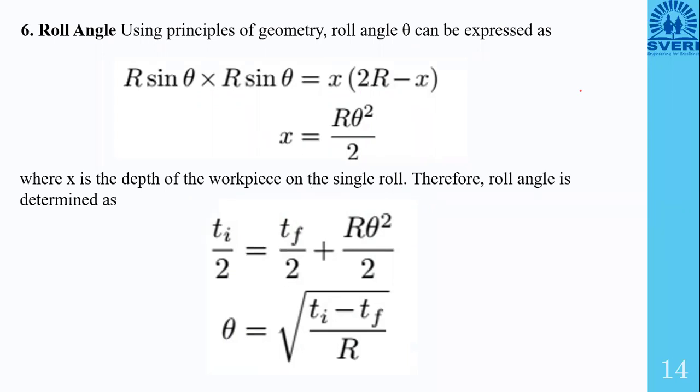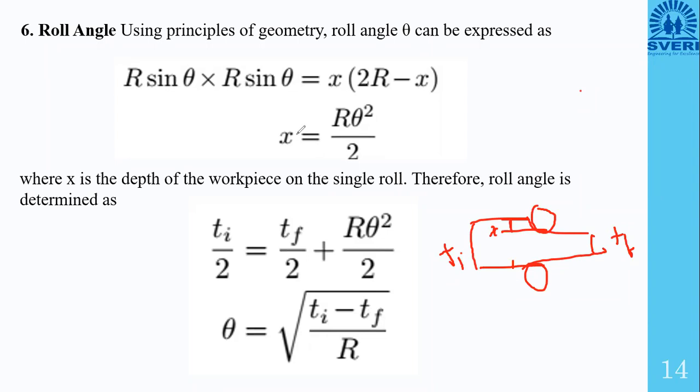If you remember the original figure, this is Ti, this is Tf, and x is nothing but this to this. So x means (Ti minus Tf) divided by 2, by 2 because one side is this, another side is this.